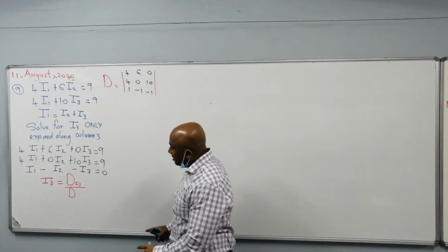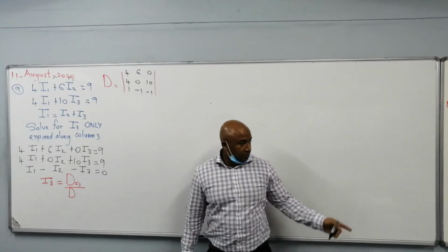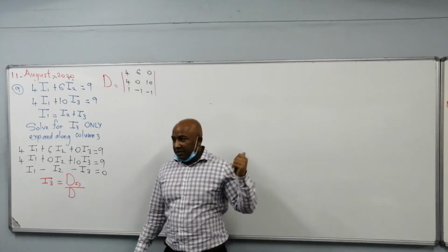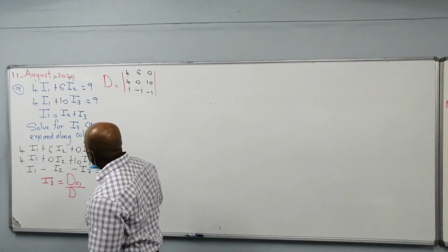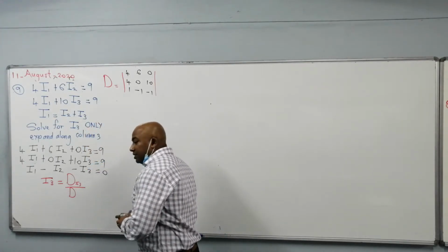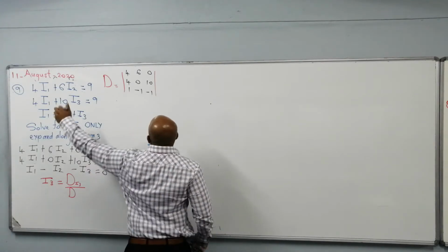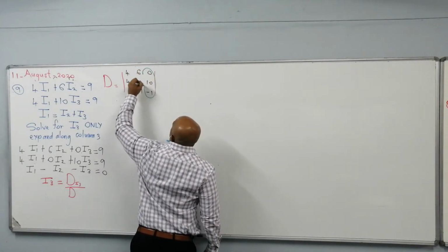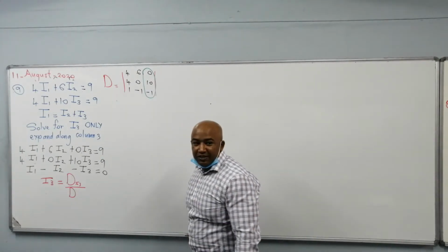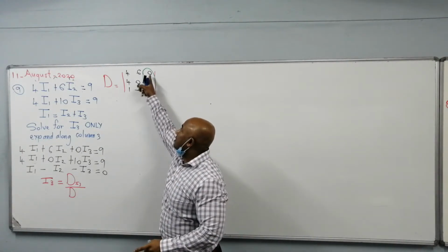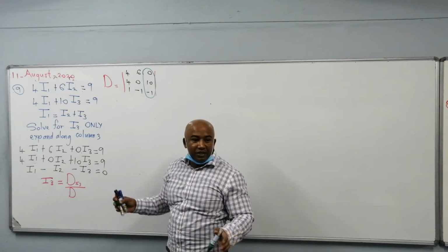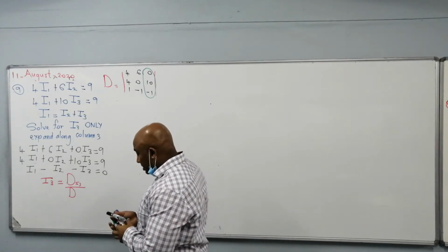So here I'm giving you a specific instruction, so you cannot apply the other technique that we just used now. We're going to expand along column 3. You notice now, whenever there's a 0, it's easy to work out because 0 times anything will be 0. But let's just write it down.